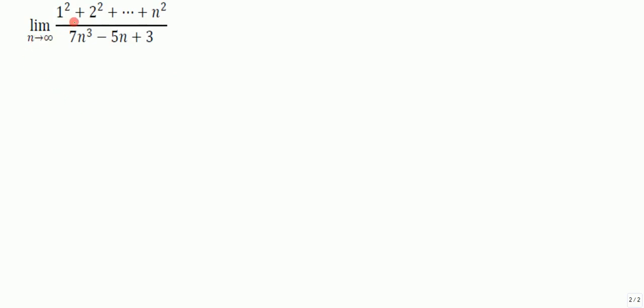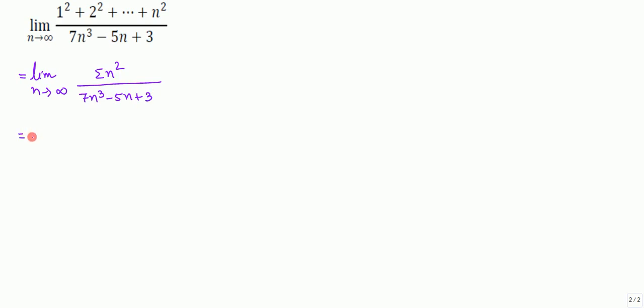Okay, next sum, it is also regarding n square. Limit n tends to infinity, 1 square plus 2 square plus up to n square upon 7n cube minus 5n plus 3. First of all, the numerator is equal to what? Sigma n square.